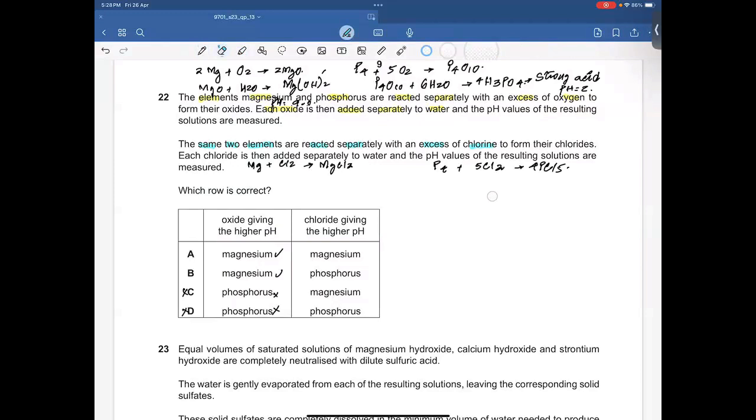When this chloride, magnesium chloride, is placed in water, according to my lecture, the solution becomes acidic with a pH value of 6.5.